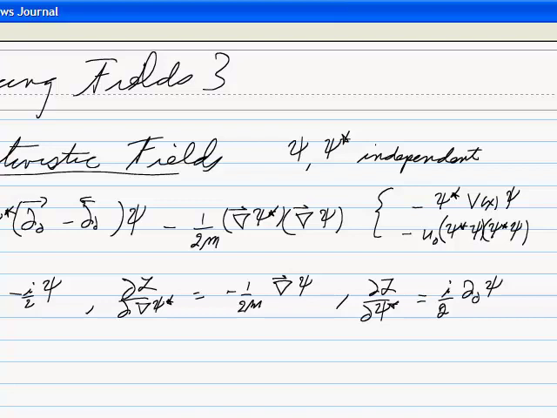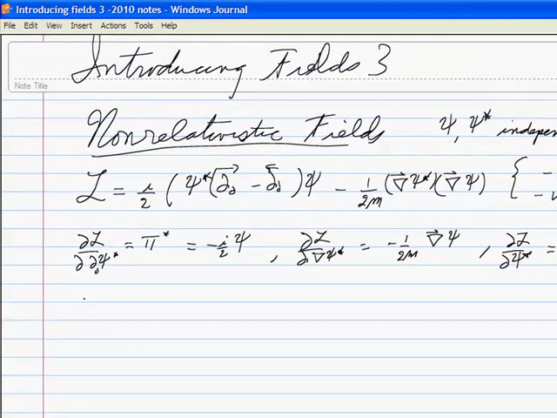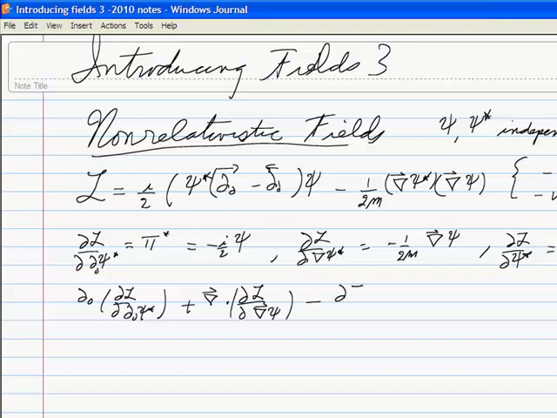So then our equations of motion, remember in non-covariant notation, were the time derivative of dL d0 psi, plus the space derivative of that with respect to grad psi, minus the derivative with respect to psi itself, equals 0.